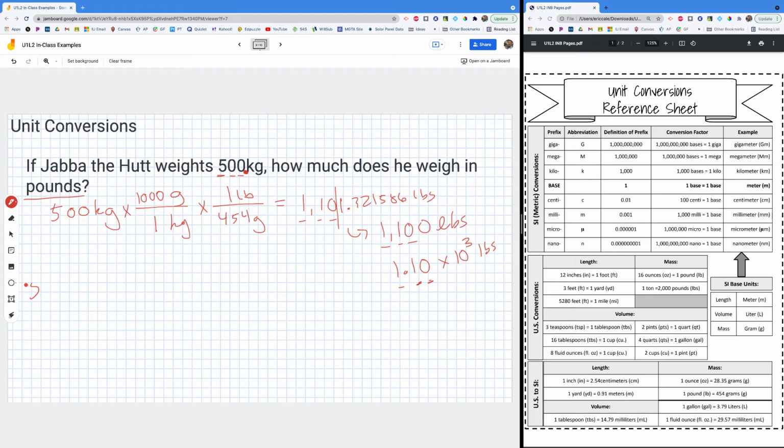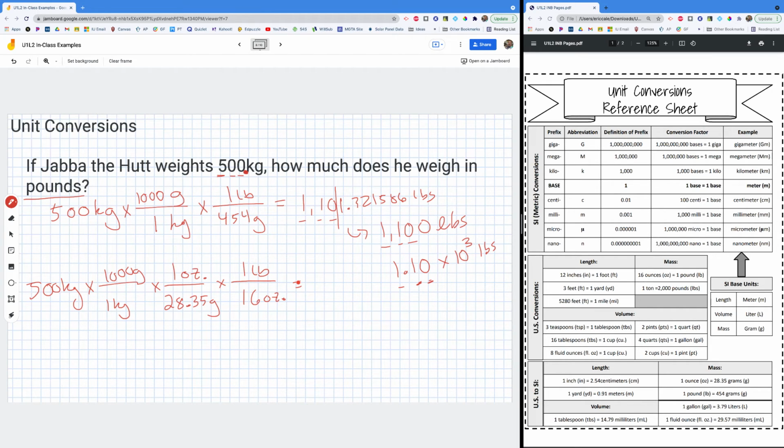If I had done it the slightly longer way, 500 kilograms times 1 kilogram is 1,000 grams, times, according to this, 28.35 grams is 1 ounce. That's different than a fluid ounce because up here it tells us there's 16 ounces in 1 pound. Just one extra step, but it should still get us to the same answer.